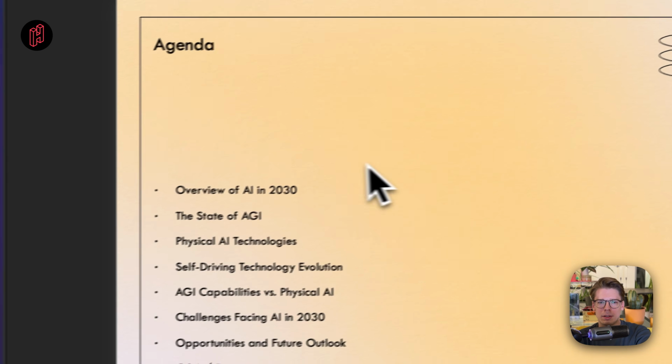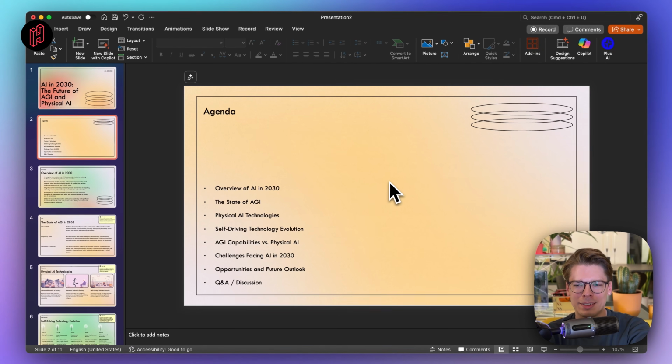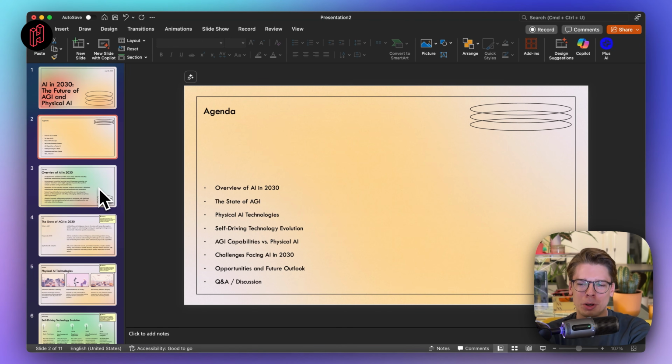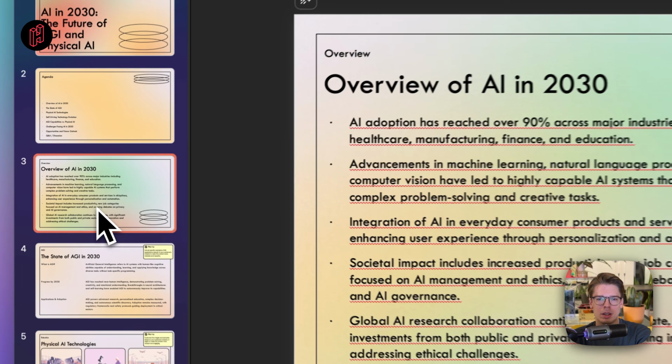I would say the design looks really nice, and this is one of the reasons why I love using Plus AI. Obviously you can use something like Copilot as well to help generate slides, but I just think the quality is much higher with Plus AI. The designs, the visuals, and even the content itself is just better in my opinion.